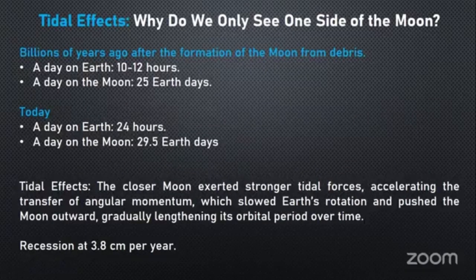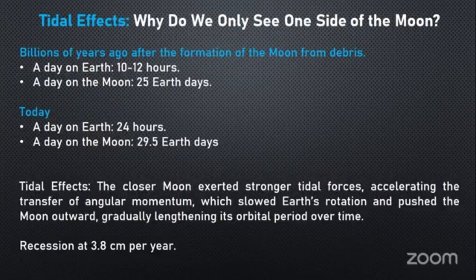So why do we only see one side of the moon? The reason one face of the moon is facing us is because of the tidal effect. The physics behind the tidal effect is very complicated, but I'm going to simplify it for you.